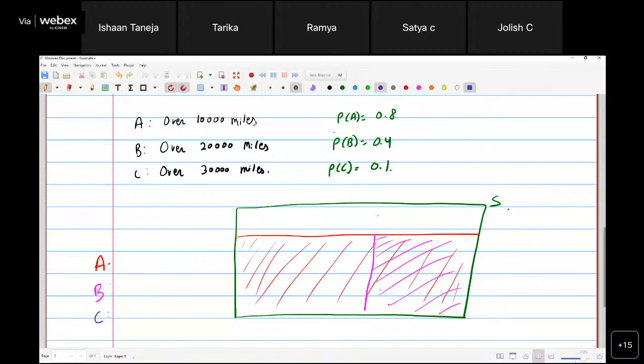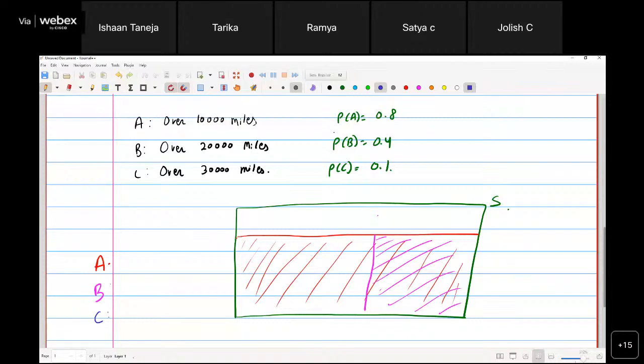No, you don't have to go for miles. See, these are three events: event A, B, and C, right? Let's say this red region is that your battery will work over 10,000 miles, and this white region is that it won't. Now your next event is that it will work over 20,000 miles. So this pink region has to be within red, because if your battery could not work over 10,000 miles, how would it work over 20,000 miles?